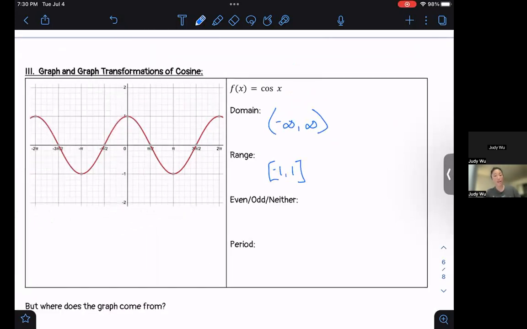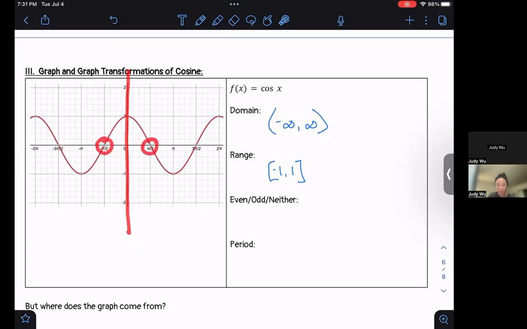Now, last time we said that sine was odd. The reason we said sine was odd is because it had reflections, symmetry across the y-axis and the x-axis, okay? But as soon as I draw this y-axis in a little bit darker, I see that the two sides, if I fold them over, are exactly the same, right?